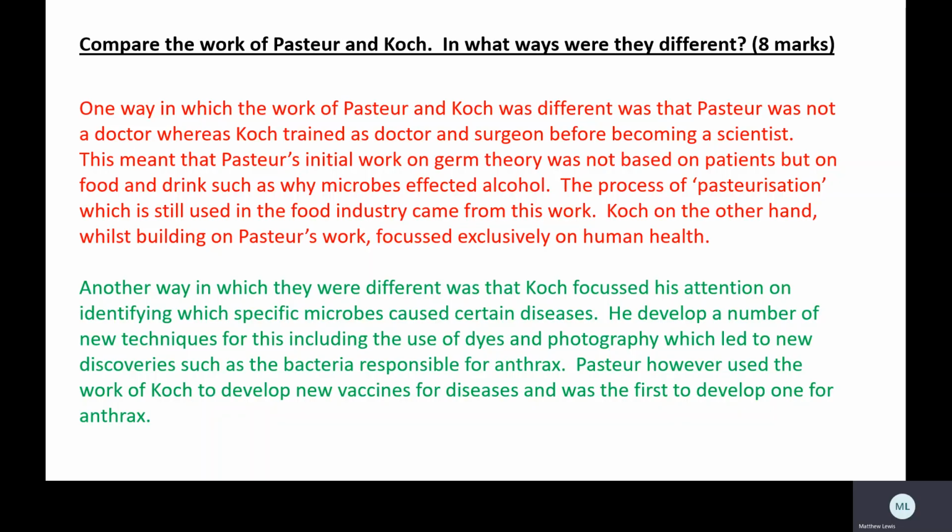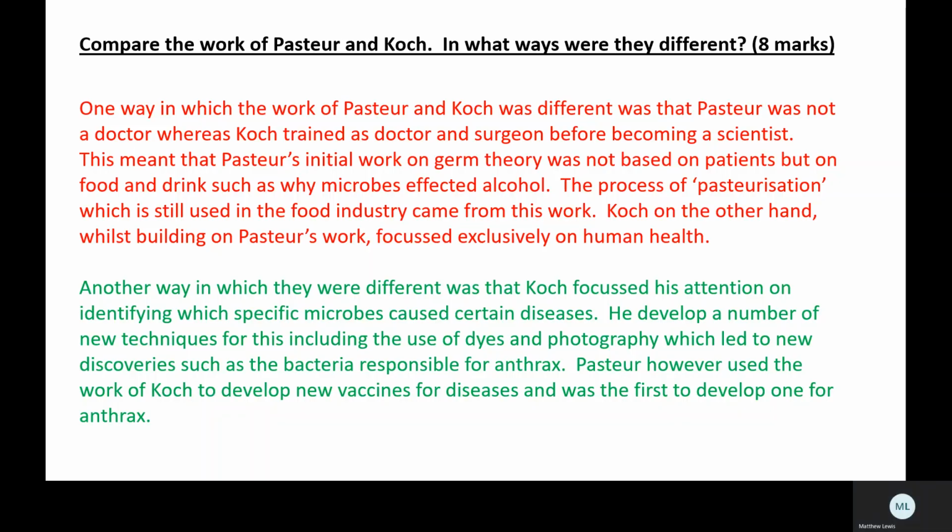They both developed vaccines. Now, you could get a question which was, how are they similar? And that is also true, because in one way you could say they were both involved in developing vaccines, but the question asks you, how were they different? So you've got to look at how they were either different or similar, depending on what the question asks you.